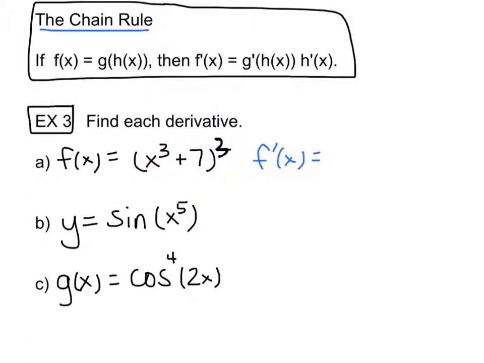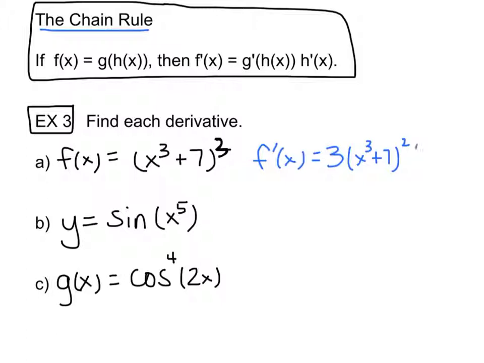So 3, my inside function remains the same, and then drop my power by 1 power. And then I'm going to do my derivative of my inside function. Derivative of x cubed is 3x squared. Derivative of 7 is nothing, just a 0.